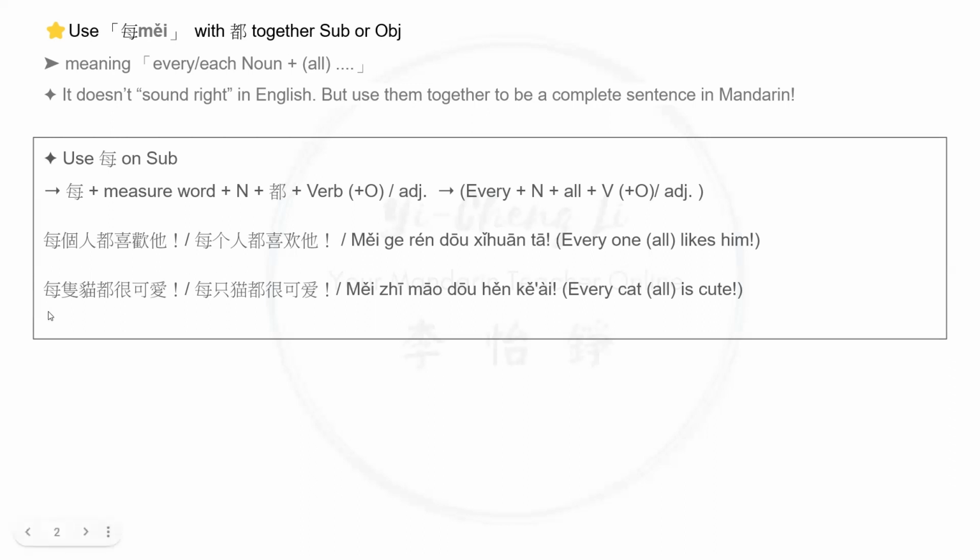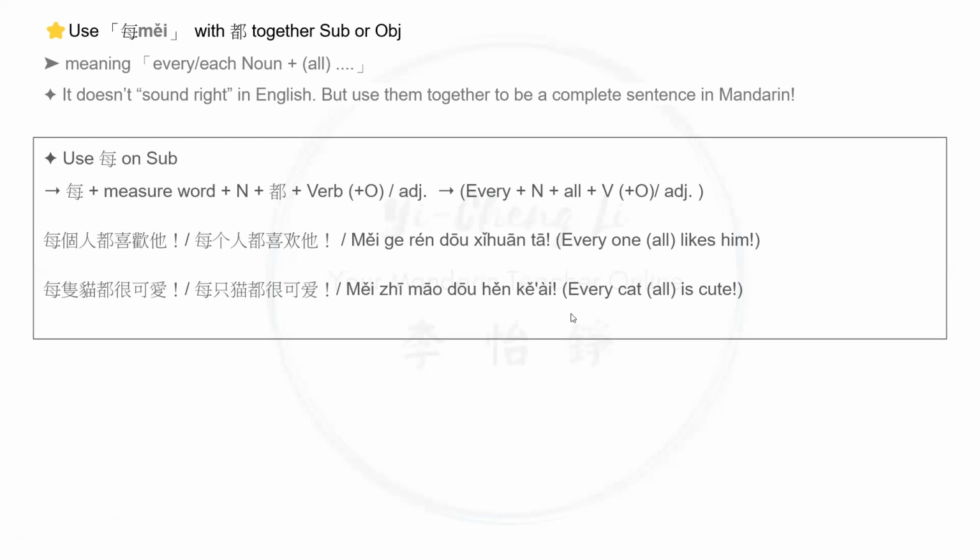Next one. 每只猫都很可爱。Every single cat, every cat. 只 is the measure word for most animals. 每只猫, and then our dōu here emphasizes that all of every cat are cute. 很可爱: two third tones together, the one at the back remains as it is, which is third tone, and the one in front of it becomes second tone.